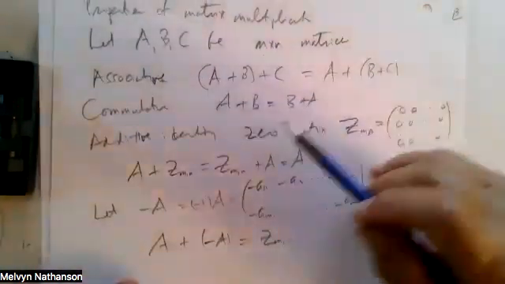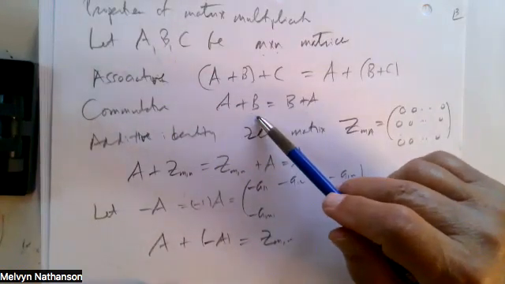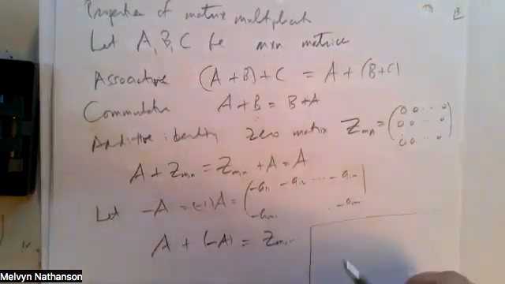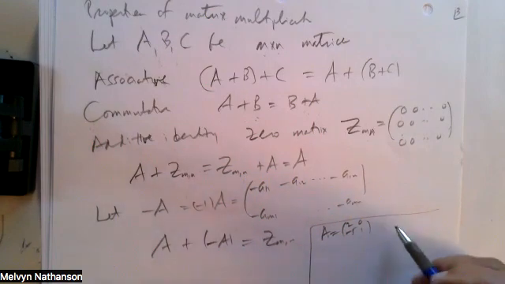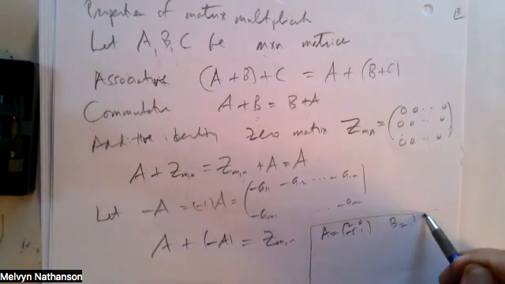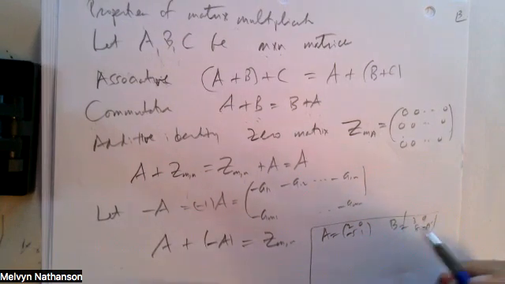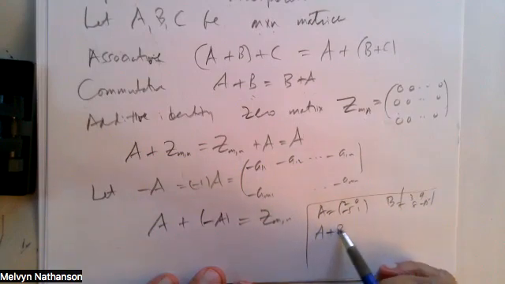If you take matrices A and B and you add A plus B, or if you add B plus A, you get the same thing. For example, suppose A is 2, 0, minus 5, 1, and B is 3, 9, 8, minus 15. Those are two by two matrices. So what is A plus B?